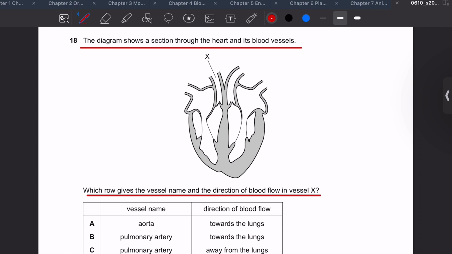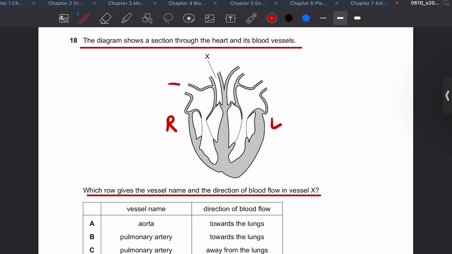Okay, so X is located in the upper part of the heart. So automatically, I think this is an artery. And when you look at the heart diagram, your right side is always the left one, and your left side is always the right side of the heart.